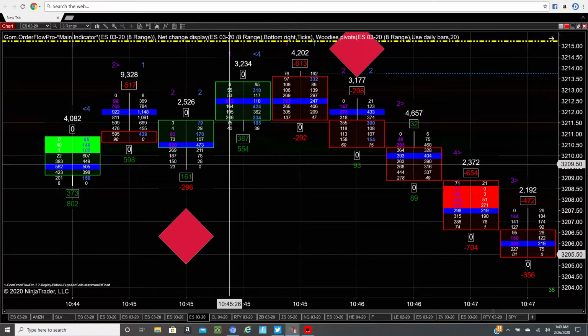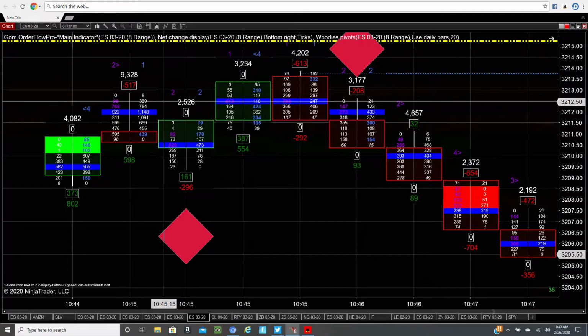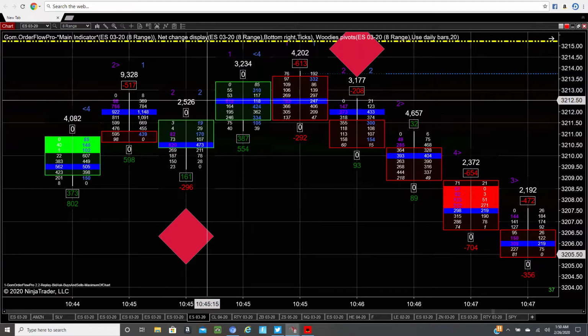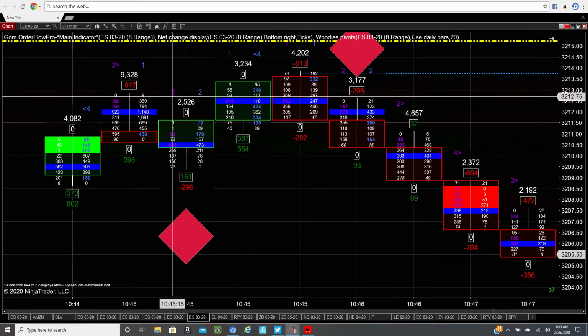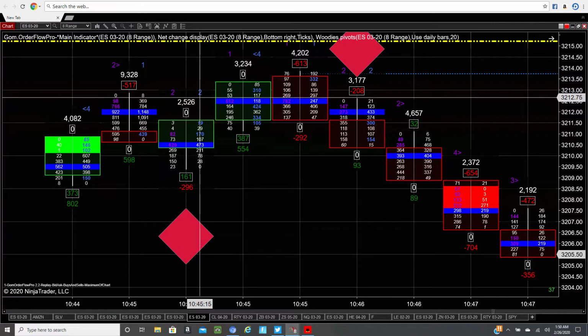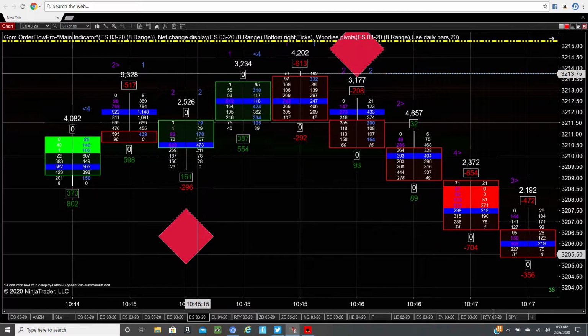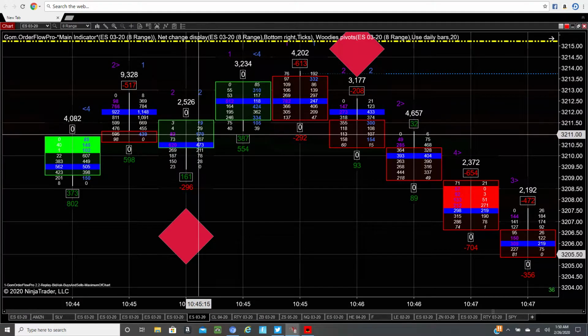Now, I'm not going to get real complicated with this at this point, because there are patterns that you can look for with these order imbalances. But more importantly than the number of order imbalances, like the 2 and the 2, or just the 1 here and then the 4 here, more important than that is the positioning of where those order imbalances occurred.